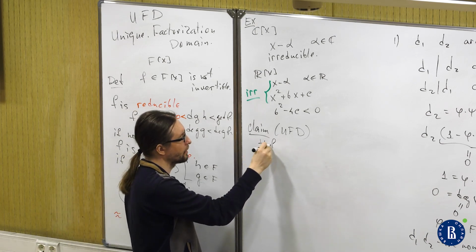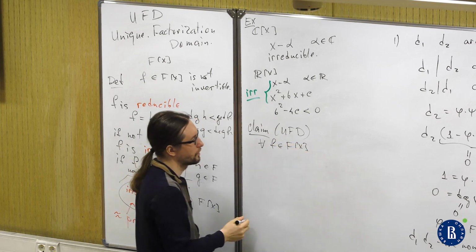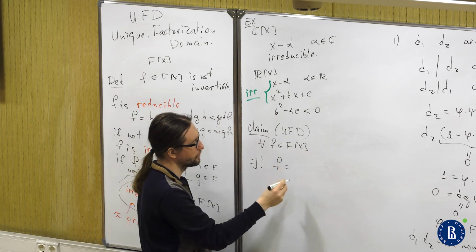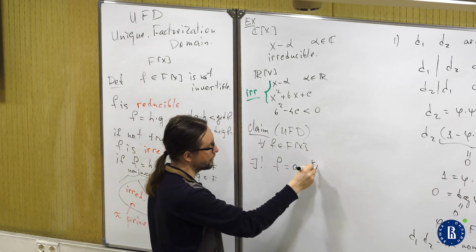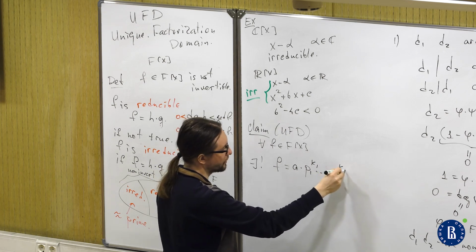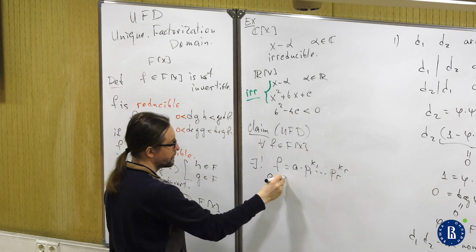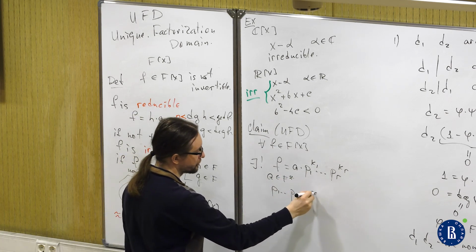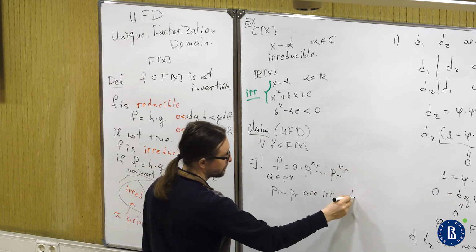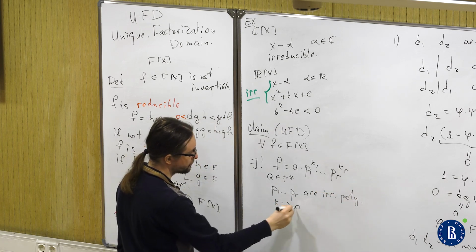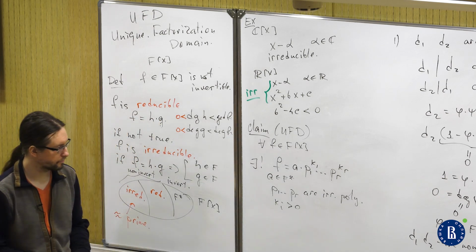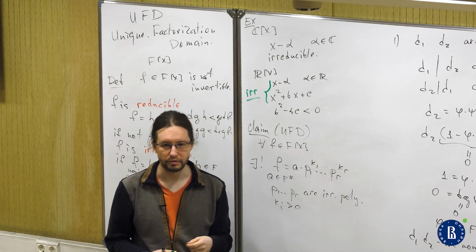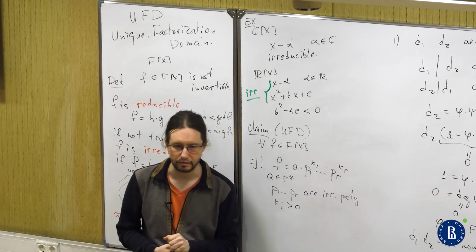For every polynomial f from F[x], there is a unique representation in the following form: a times p1 to the k1, up to pr to the kr, where a is a non-zero constant, p1, ..., pr are irreducible polynomials, and the ki are strictly greater than 0. And it is unique up to a permutation of these polynomials, so the permutation of the polynomials doesn't matter.